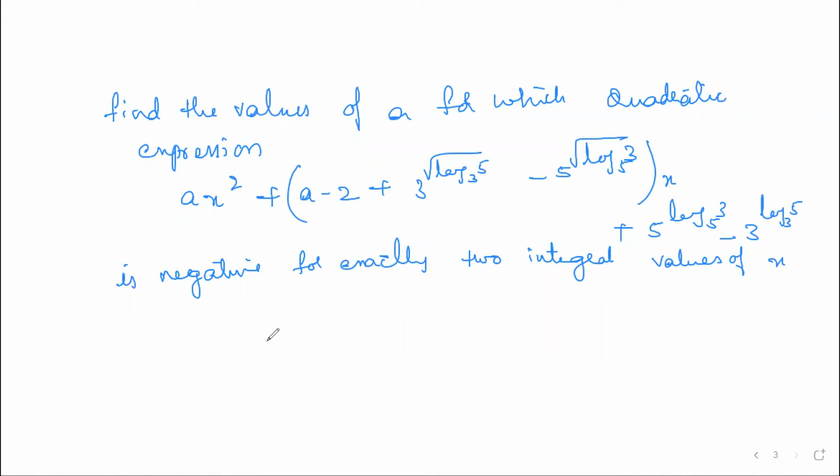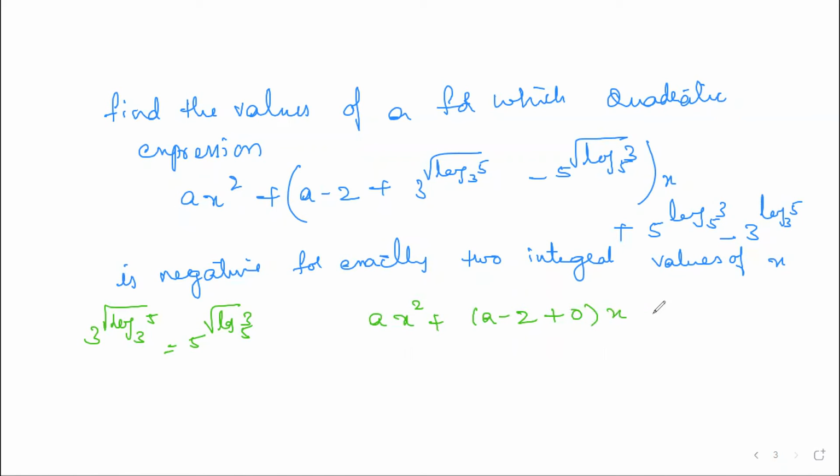According to the property, we know that 3 raised to root log 5 to base 3 is the same as 5 raised to root log 3 to base 5. So the expression will change to a x square plus (a minus 2 plus 0) into x.